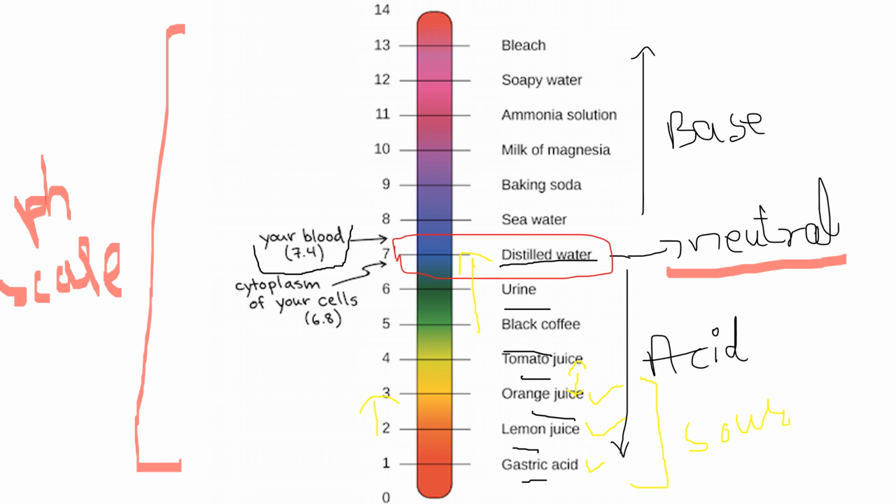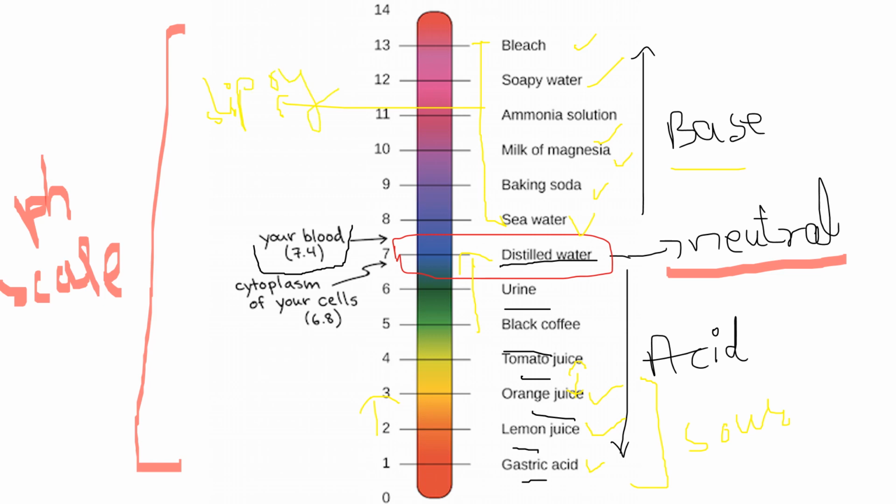If we have a look at the bases, it includes seawater, baking soda, milk of magnesia, ammonia solution, soapy water and bleach. Now all the bases contain what taste? Bitter taste. As well, if you look at all these things, they have a common property: they are slippery.